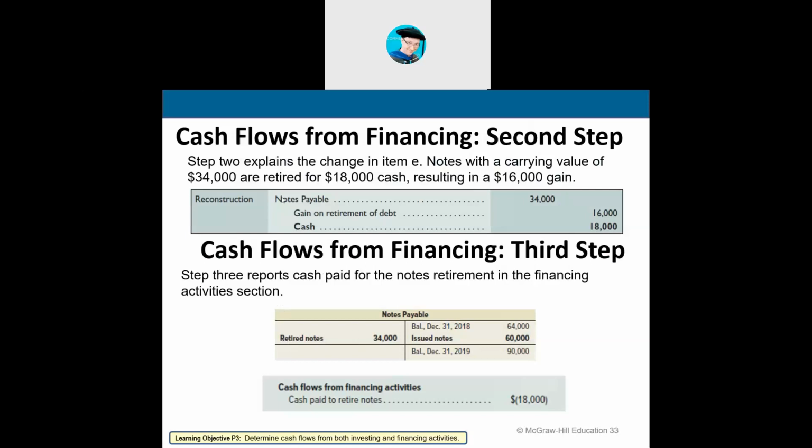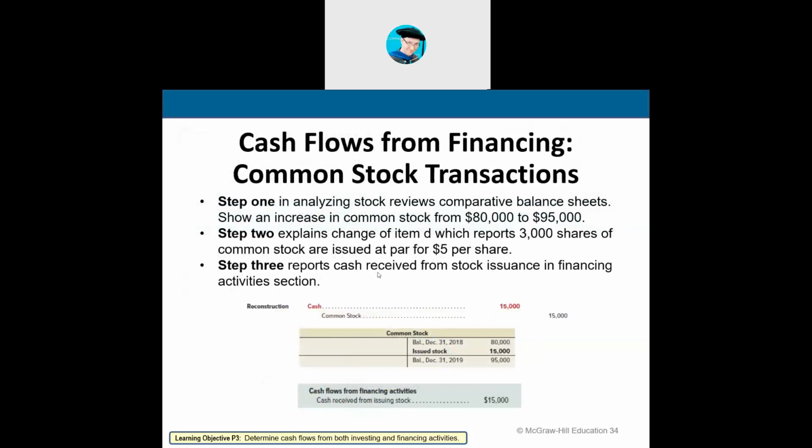In this example, we're paying cash, so it would be debit notes payable, credit cash, and of course the difference. And that cash coming in minus cash going out equals net cash flow. And that's the simple formula that we follow for both investing and financing activities. It's simply the cash coming in minus the cash going out for those respective activities.